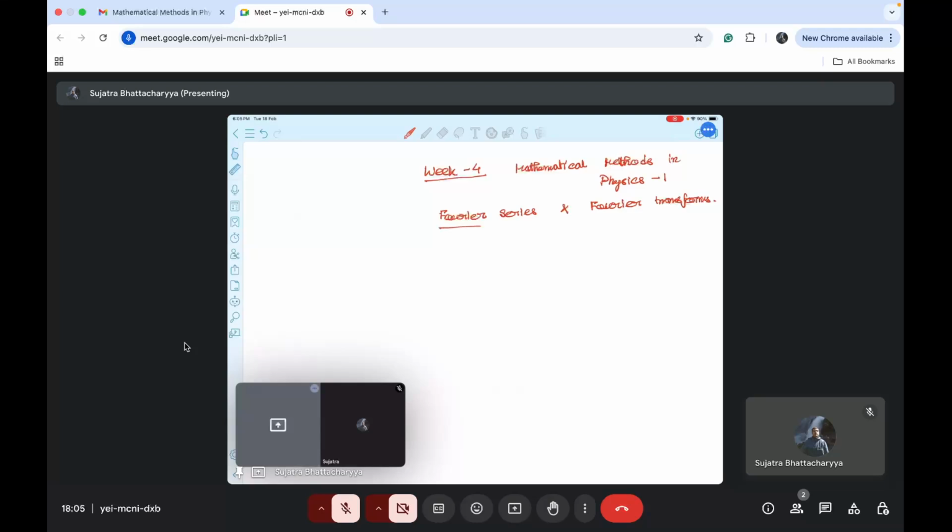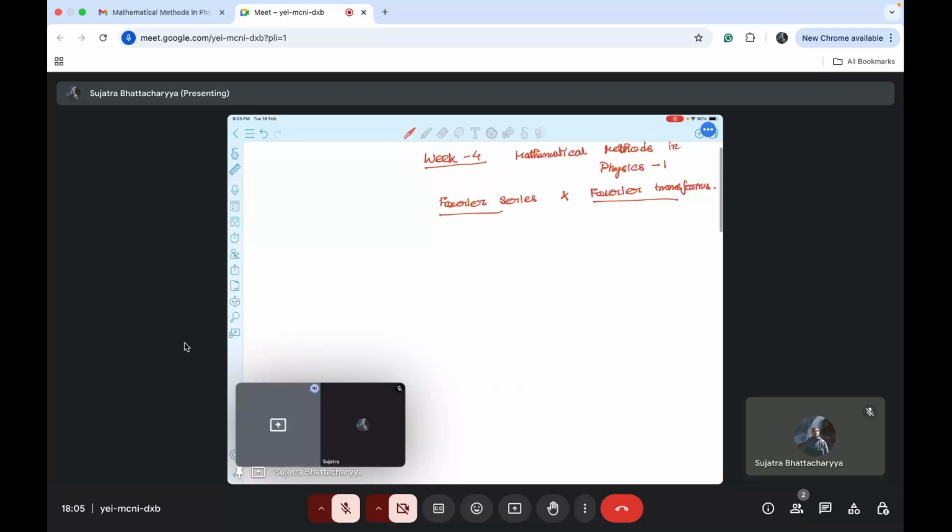Okay. And after explaining these Fourier series and Fourier transforms, we can go for several questions. In the week 4 content, I have seen there is a very little hint of simple harmonic motion.